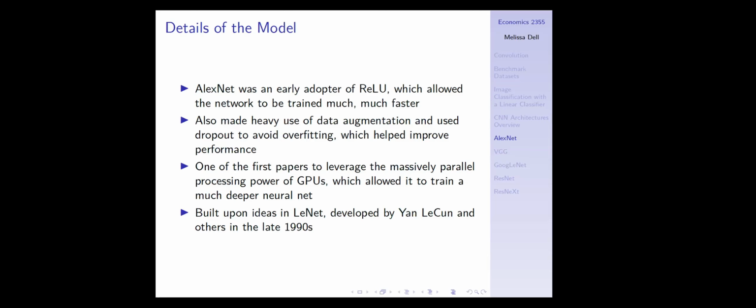It was one of the first papers to leverage GPUs, which allowed it to train a much deeper neural network than it would have been possible on a CPU. And I should say it's built upon a lot of ideas that were already out there in the 1990s. And some people say that the LeNet paper should be the one that gets credited with starting deep learning. But I think in the 1990s, people just didn't have GPUs, and so they couldn't do much cross validation, or nearly as much.